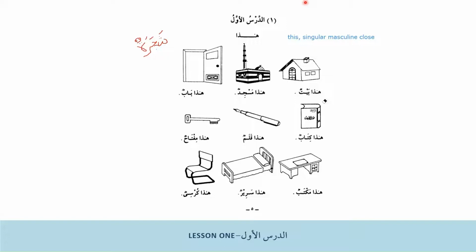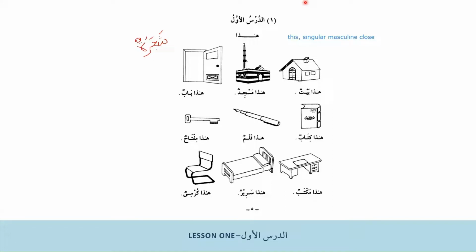Okay, now what we're going to do is remove the Arabic this time, but we're going to leave the pictures. Just to remind you, the first time around we removed the pictures and we had the Arabic.